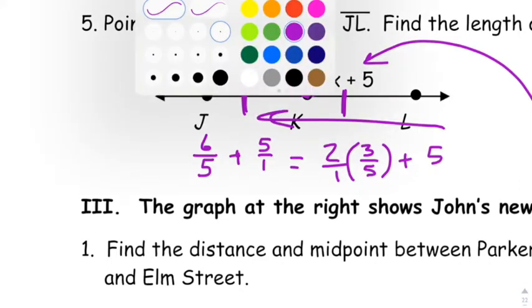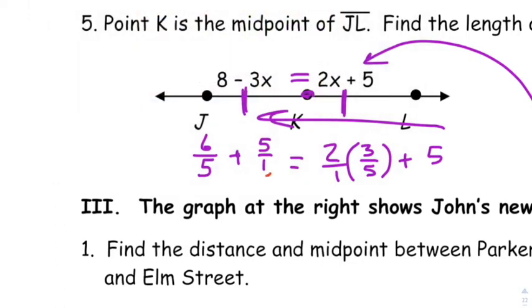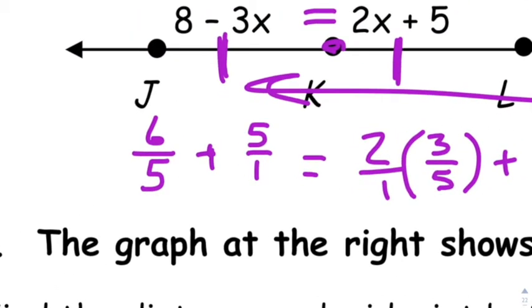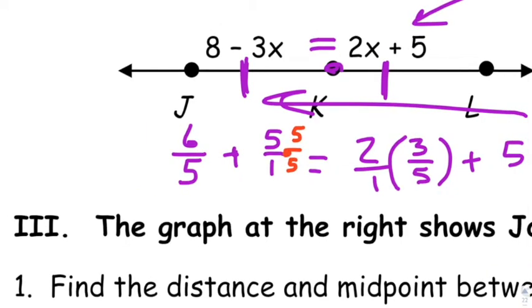Now, to add or subtract fractions, we need a common denominator. So we need to make that 1 look like a 5. And some of you guys remember, you just do 5 over 5 for that. You just multiply by whatever the other denominator is. So that'll be 6 over 5, and then plus 25 over 5.